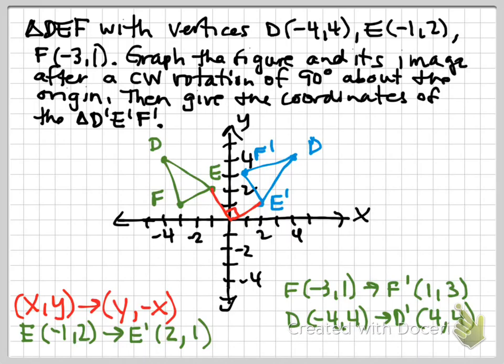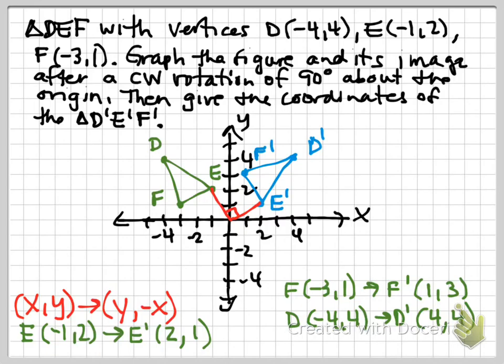We got E prime at 2, 1. F prime is at 1, 3. D prime is at 4, 4. So that DE is on its way tumbling towards the x-axis, which is exactly what it should do.